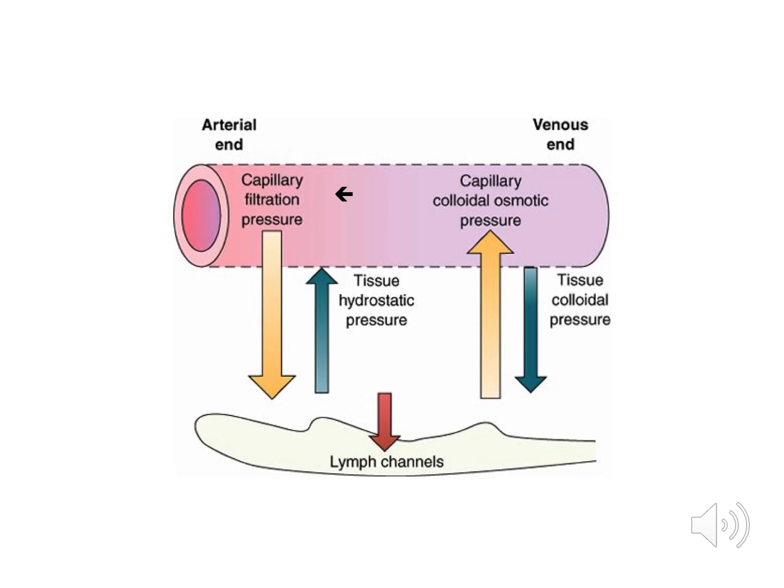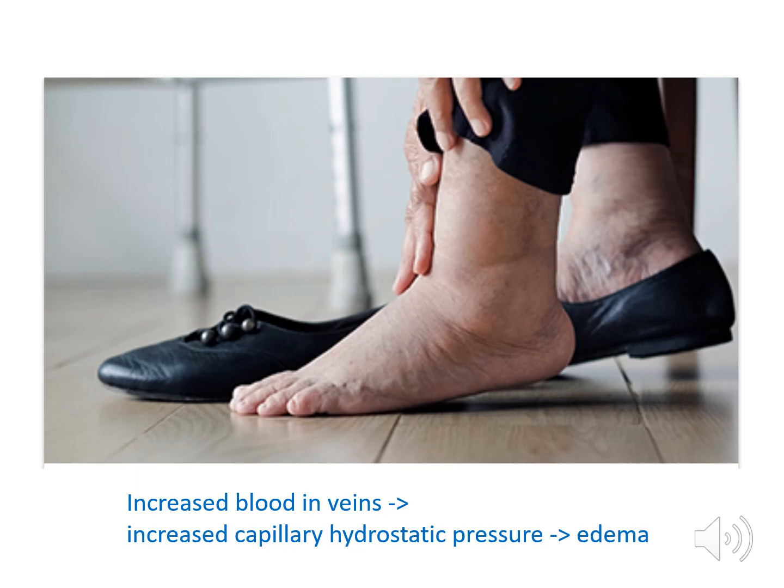Okay, if the hydrostatic pressure increases, it's going to push the fluid out of the capillaries into the tissues, and again, we're going to get edema. You would see something like this, where all that extra hydrostatic pressure in the capillaries pushed the fluid out into the tissues, and so now you have a lot of swelling.